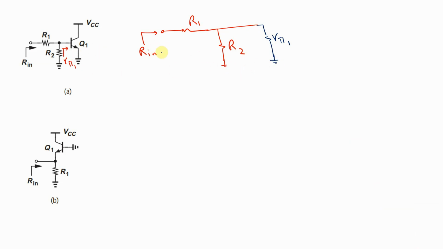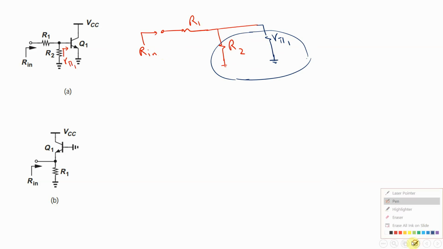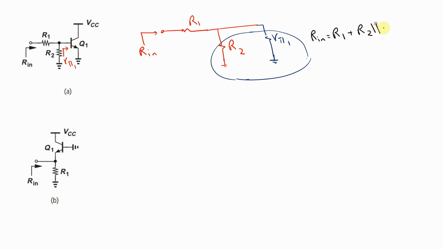Now if you look at it, it's really simple. These two are parallel, and the equivalent resistance is in series with R1. So the whole Rin for this one equals R1 plus R2 parallel with R pi 1. Okay, this is the whole resistance.